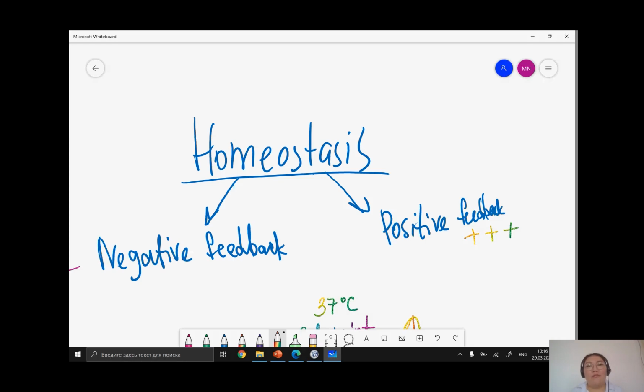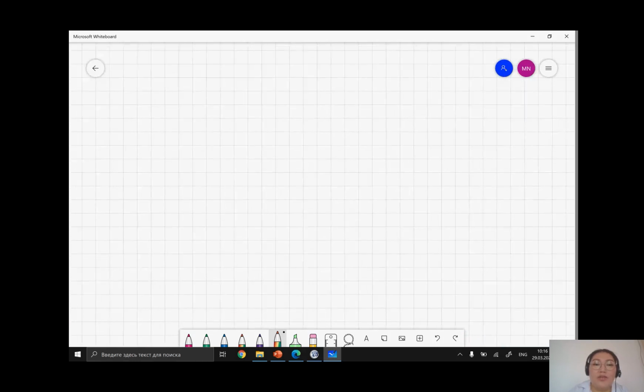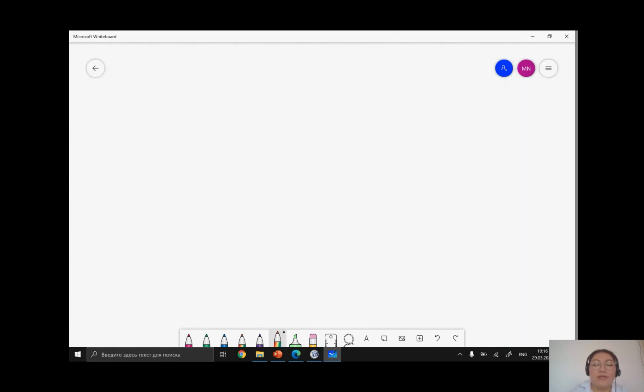So it's a self-amplification cycle. I will show it to you. In your textbook, it mentions uterine contractions during childbirth. Let's consider it, and then I will give you other examples of the positive feedback.